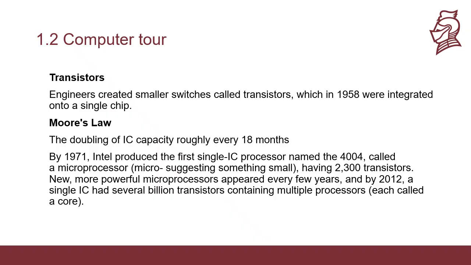He became the CEO of Intel, and by 1971, Intel produced the first integrated chip, IC, called the 4004, which had 2,300 transistors on it. By 2012, a single integrated circuit had several billion transistors containing multiple processors, and each processor is called a core. So multiple cores on a chip.